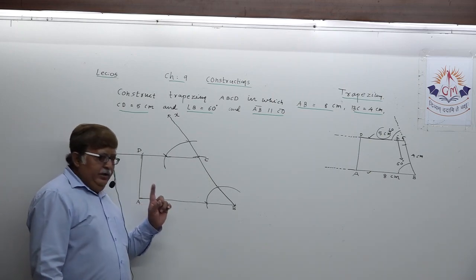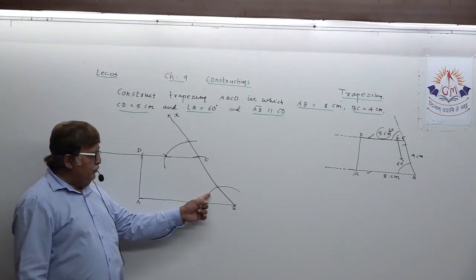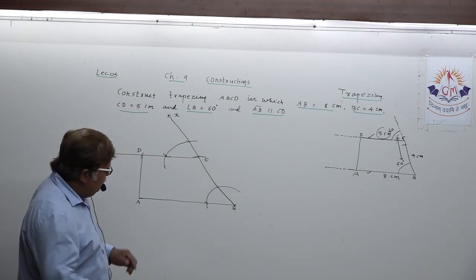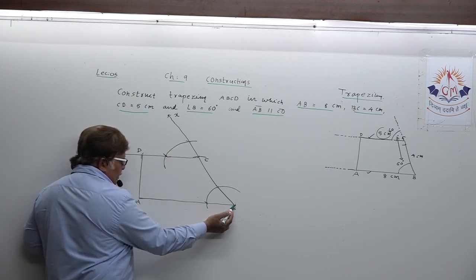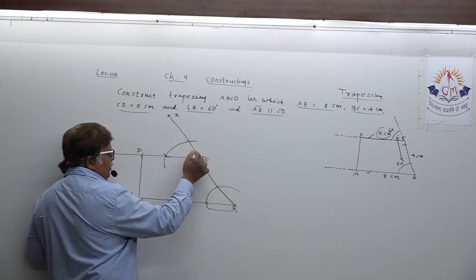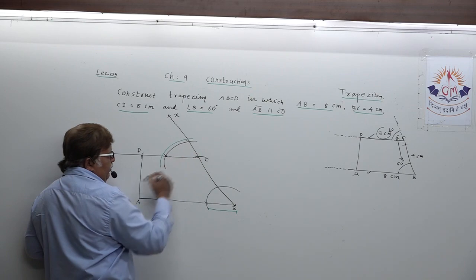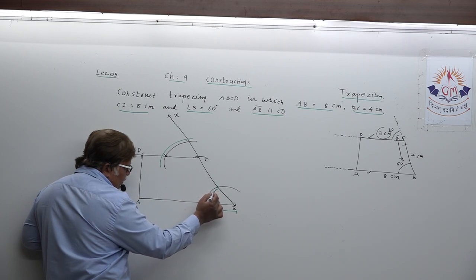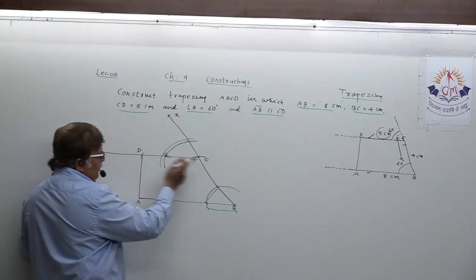I am re-explaining the fact again. AB is done, BX is done, 60 degrees done, C you got. How will you do it now? See, dear student, what I told you for getting the angle of 60 degree here, take this radius again, centering at C. I am just drawing it again so that you can understand, one arc. Now you will take radius between these 2 points, this much radius, and from here cut this and then draw a ray.